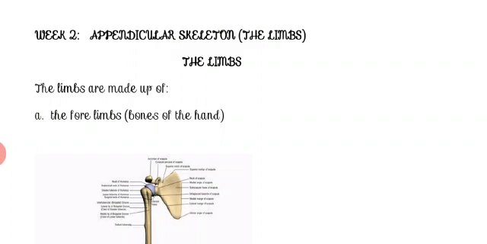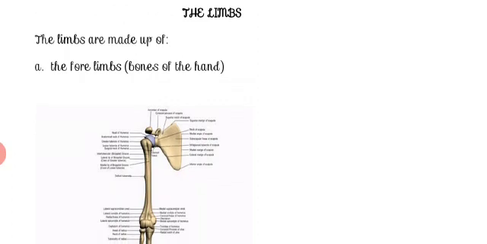The limbs are of two types. We have the forelimbs and we have the hind limbs. First and foremost, let us treat the forelimbs. The forelimbs, we are referring to the two limbs that make the what? The hand, that is the bones of the hand, and we have two hands.